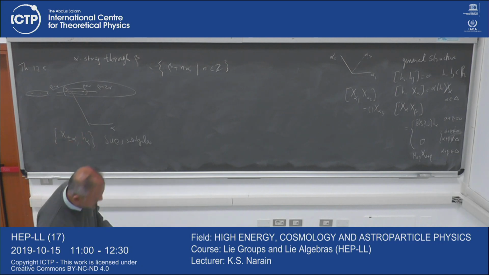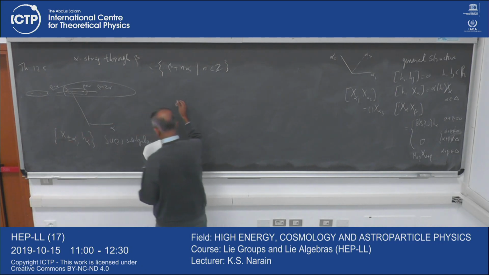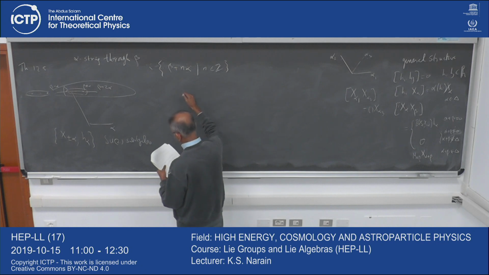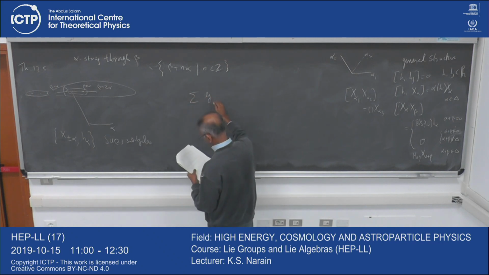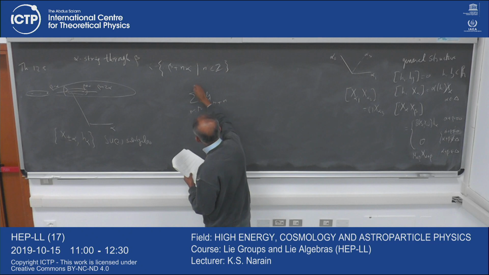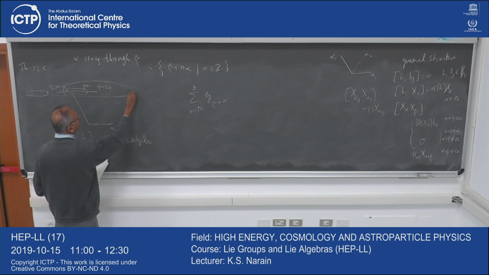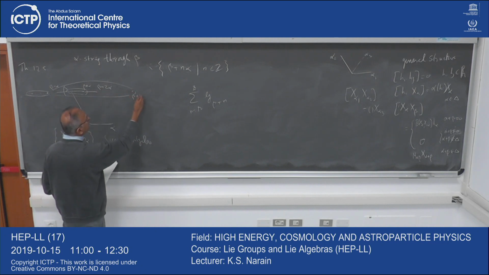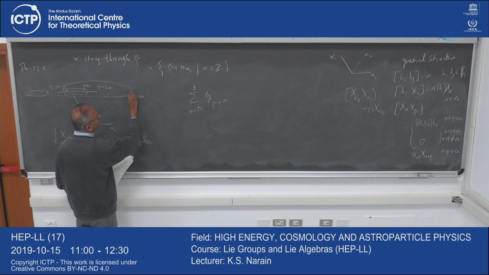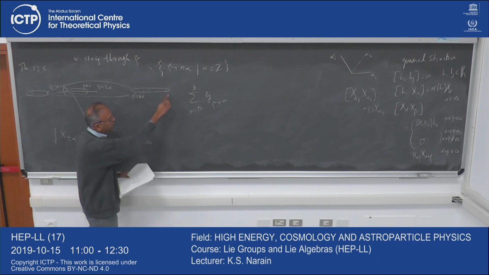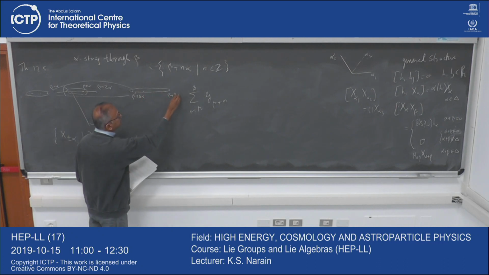So let's consider a string which starts from beta plus n alpha, with n equal to r to n equal to s. So beta plus r alpha is some point here, and then there is a consecutive string: beta plus (r plus 1) alpha, beta plus (r plus 2) alpha, all of them, all the way up to beta plus s alpha.